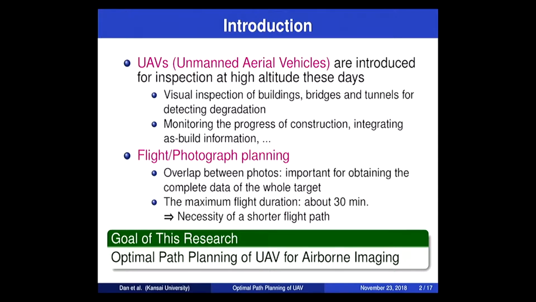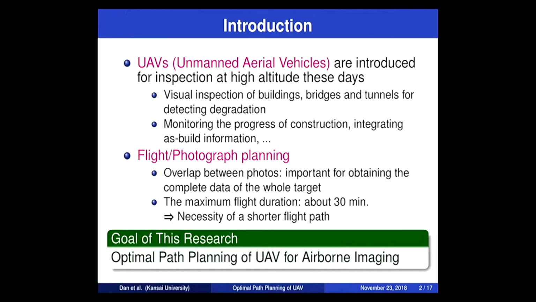In such a case, UAVs should be controlled by an operator. Also, if the photographing target is something like bridges or buildings, an operator must take photos manually. For such cases, we have to make a flight plan of the UAV in advance.